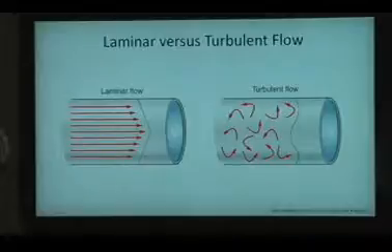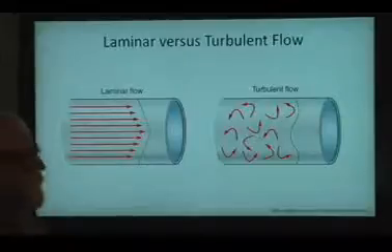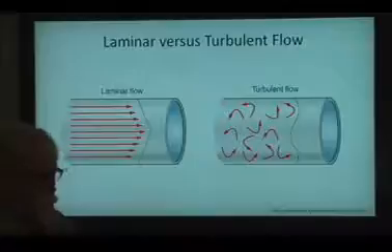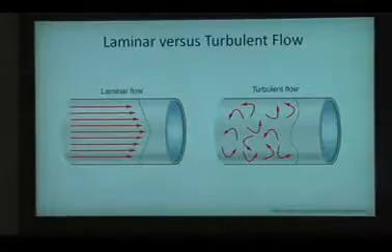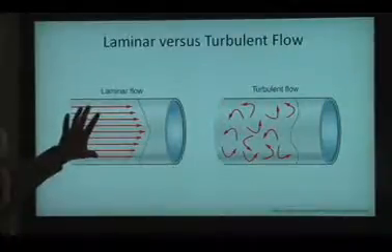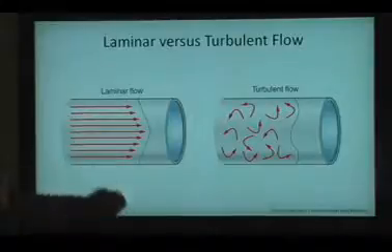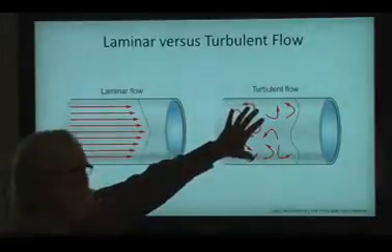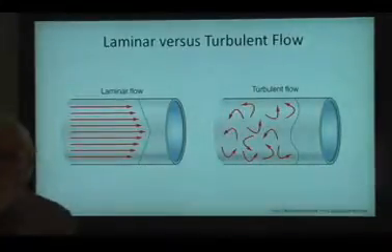ventilator. Okay, now let's change our discussion for a few minutes to that of airways resistance. And as you know, the flow through a tube and the flow through an airway can either be laminar flow, as is illustrated here, or turbulent flow, as is illustrated here.